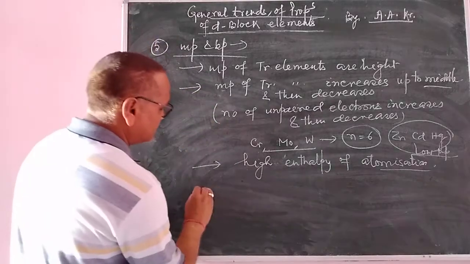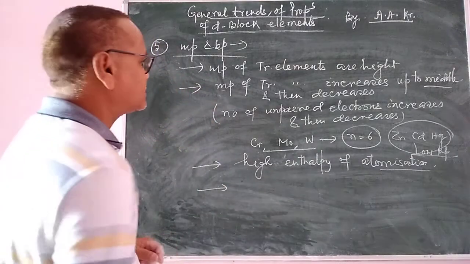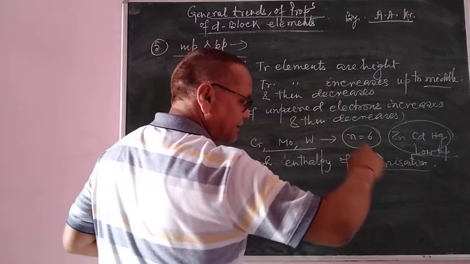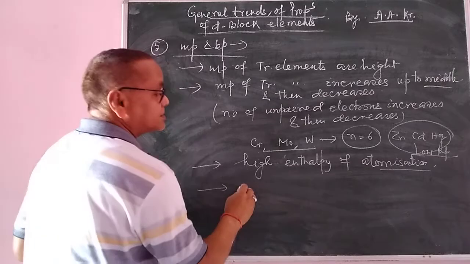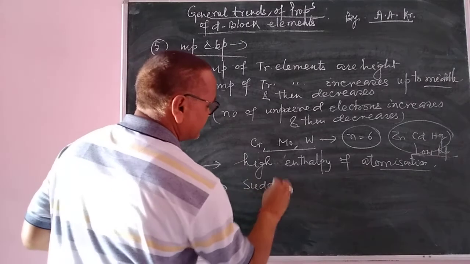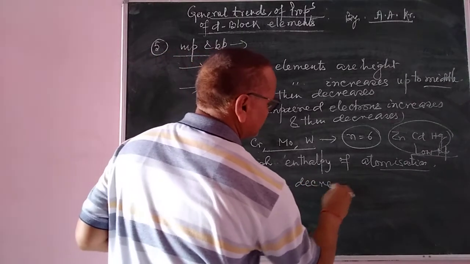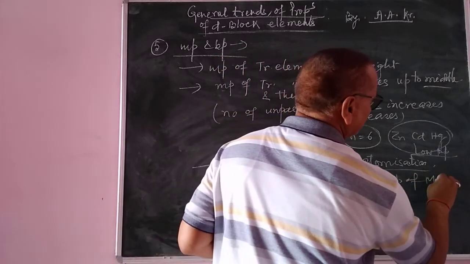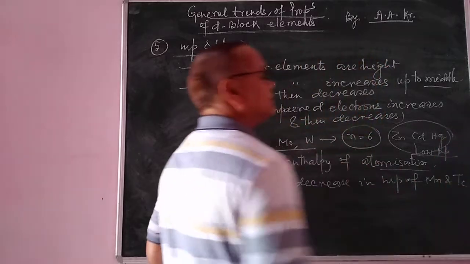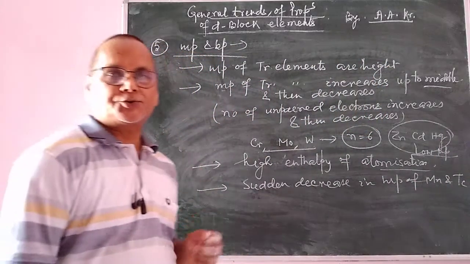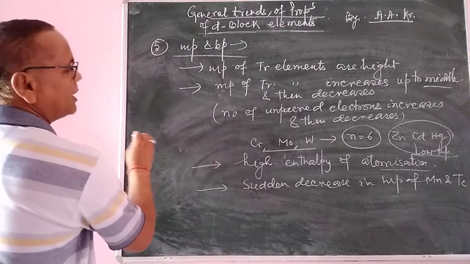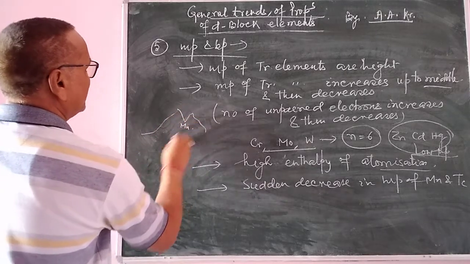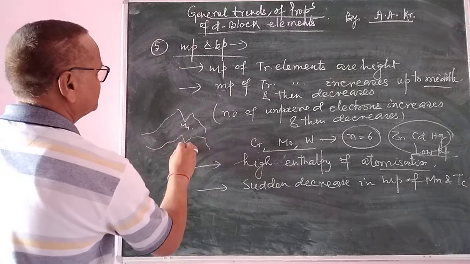See here, there is an important fact. It increases up to chromium and then decreases, but there is a sudden decrease in the melting point of Mn and Tc.